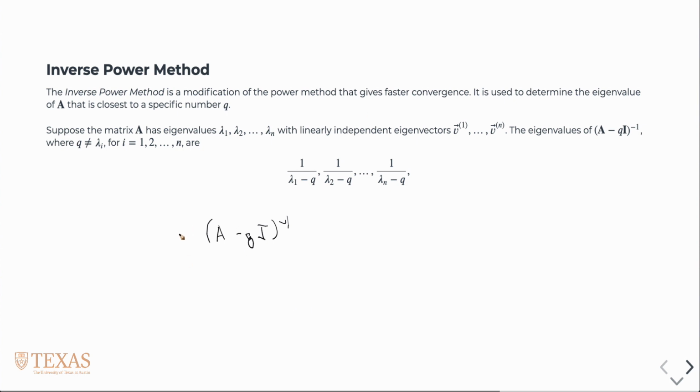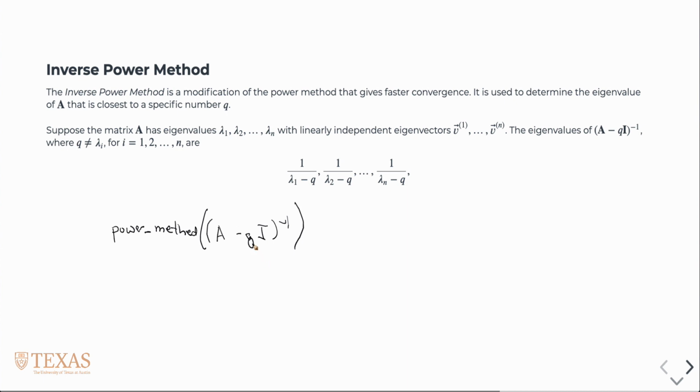If we had a function that was defined on a matrix A, we would just essentially call that function on this matrix, where q is a value that's close to the eigenvalue of the problem.